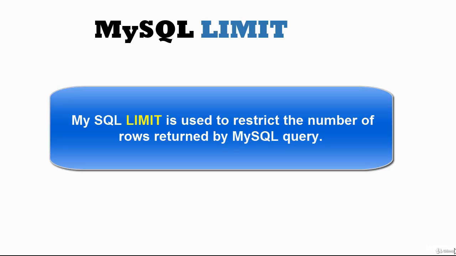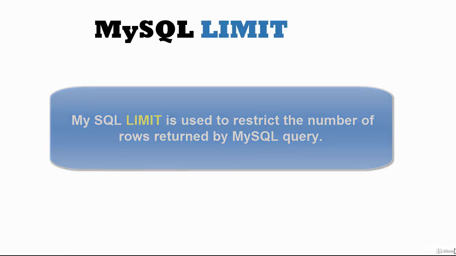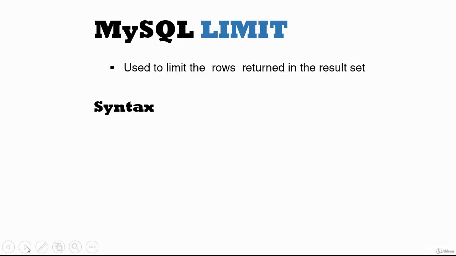The MySQL limit clause is used to limit the number of rows returned by a result set when used with a select statement. The syntax for using the MySQL limit clause is you specify the select keyword and then the column or columns, from, indicating where the table is coming from.